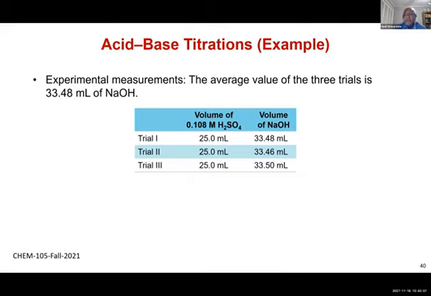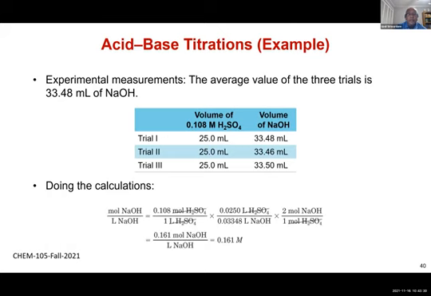We talked about uncertainties in the second decimal place. So the average of these three is 33.48. This is the average value of these 3 trials for the volume of sodium hydroxide.